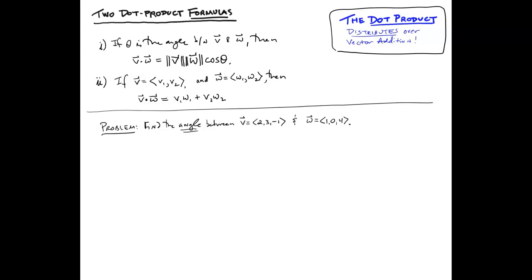Let's put these two formulas to use with a simple problem. Let's find the angle between these two given vectors in three-dimensional space, or in R3, as we sometimes call it. This isn't necessarily even a very easy problem to visualize, because if I have my coordinate axes here, v is (2, 3, -1), that's somewhere down here below the xy plane, and w is (1, 0, 4), that's somewhere up here.